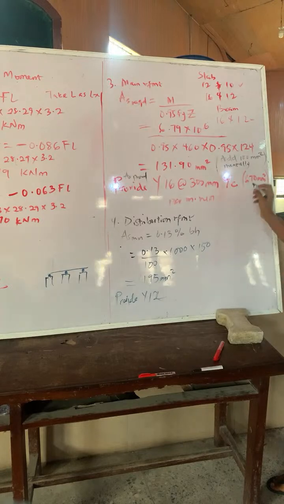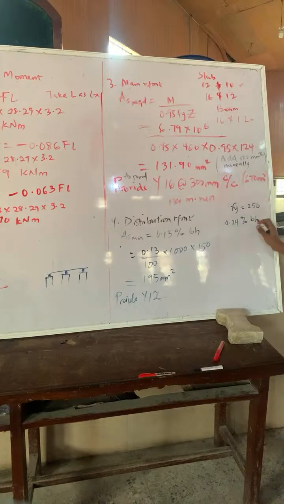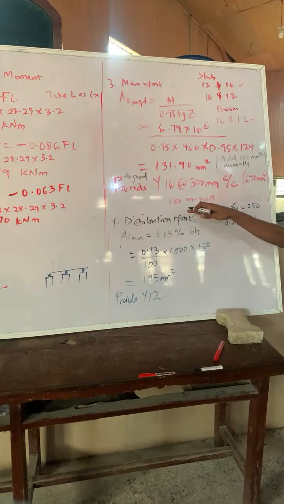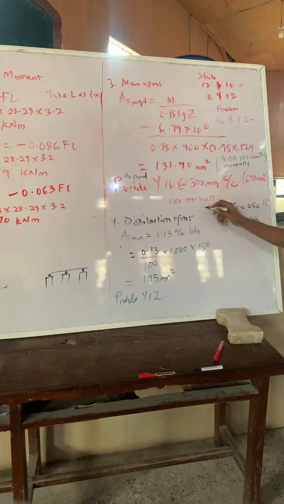We are using in the question our FY is 250. Now we now use 0.24%. But now the question was, yes, that was started.